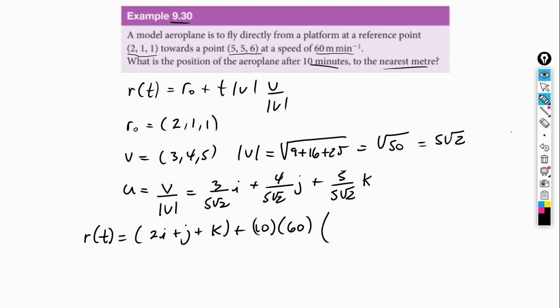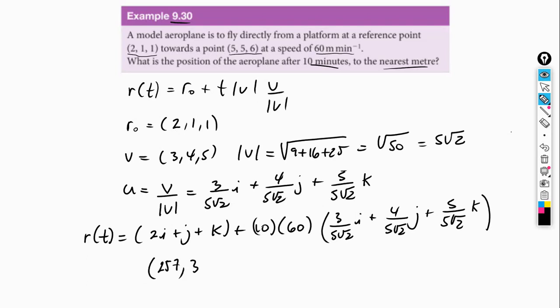So that's going to be, again, 3 over 5 square root of 2 i plus 4 over 5 square root of 2 j plus 5 over 5 square root of 2 k. And then if we do all this multiplication and then we add the similar terms, and then we round to the nearest meter, we're going to get that the final position is approximately 257 for x, 340 for y, and 425 for z.